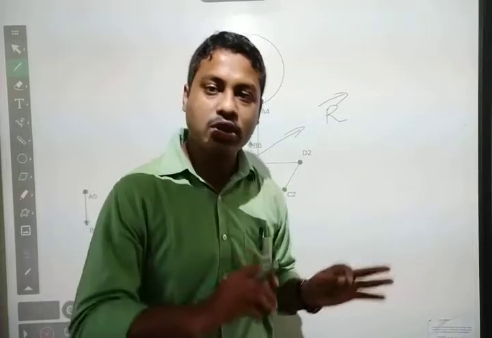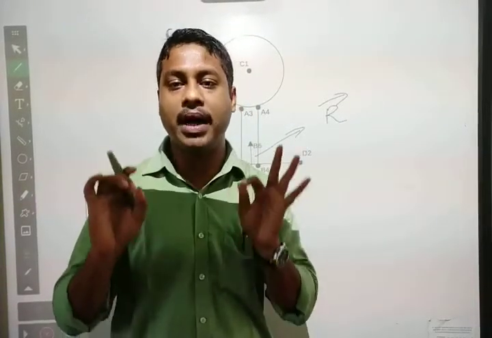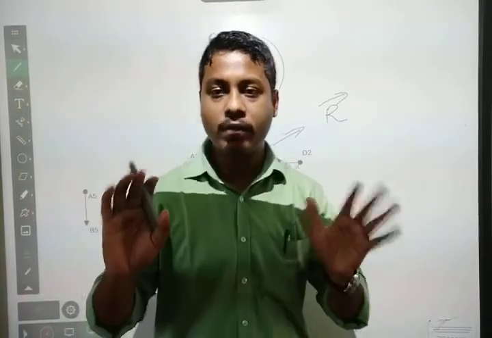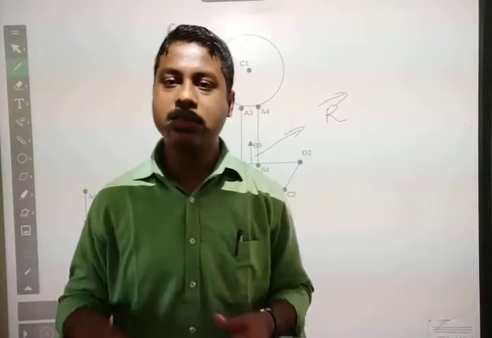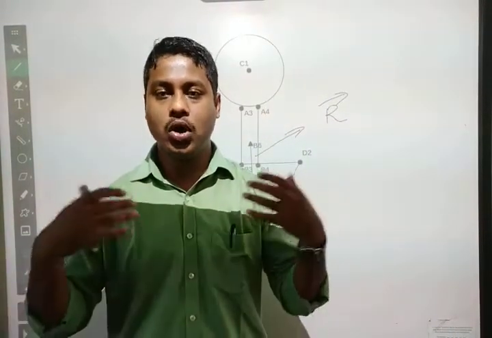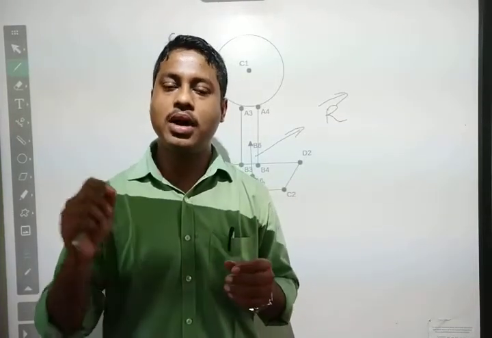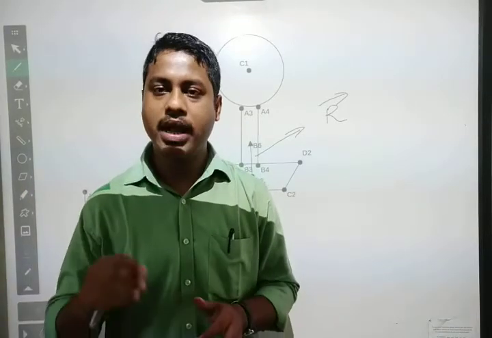The weight shown on the weighing machine is called the apparent weight of the body. So what we have to write: the weighing machine measures the normal reaction force on your body, and that is called the apparent weight of the body.